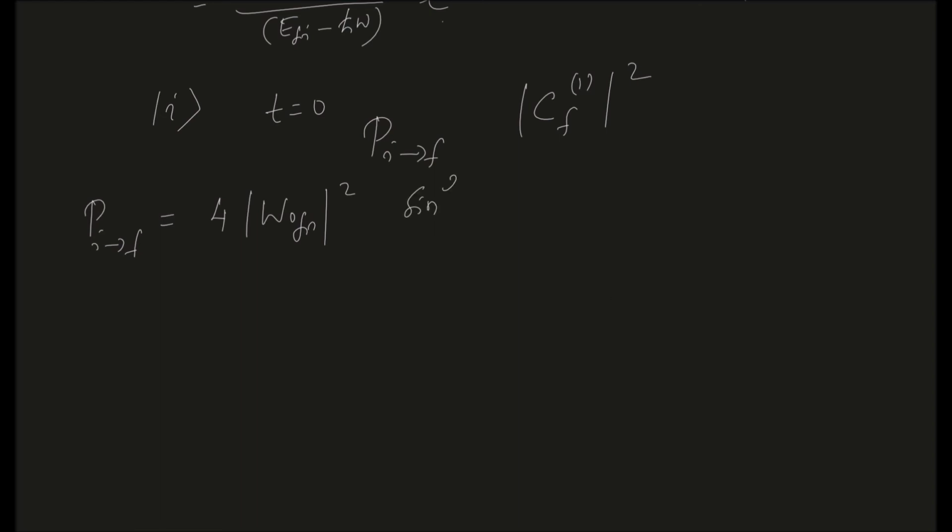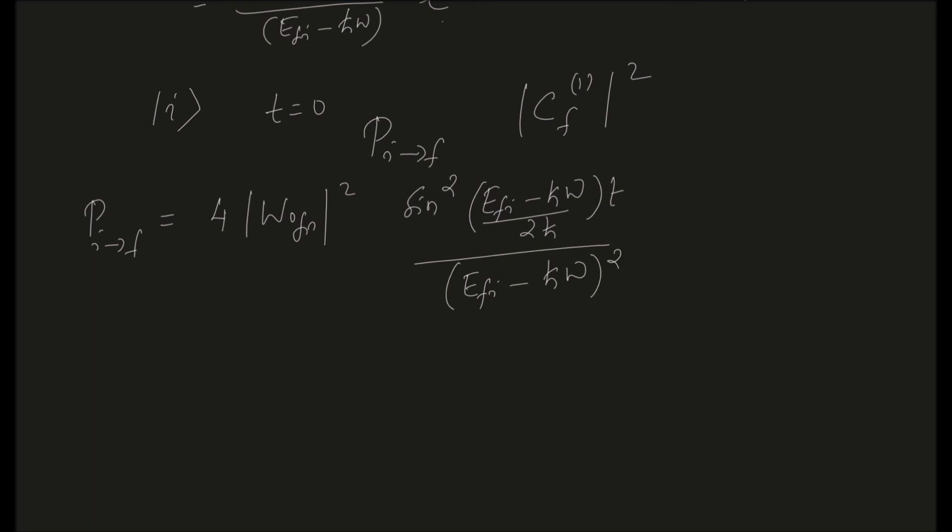Then what you have is sine square of (E_f - E_i - ħω) by 2ħ into t divided by (E_f - E_i - ħω) whole square.